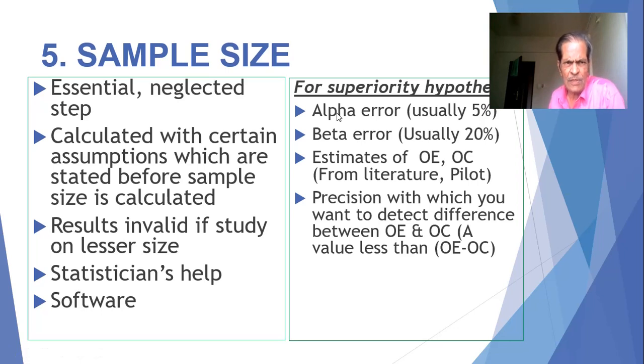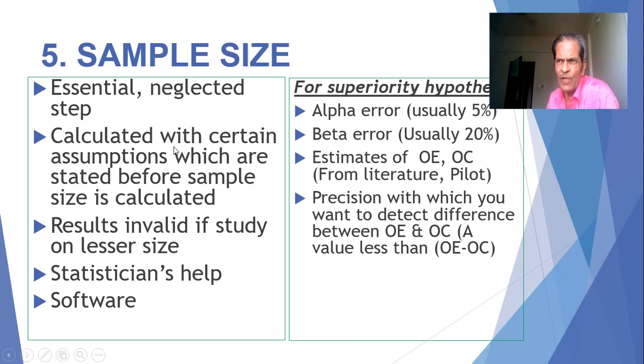Then the next and important step, often neglected in clinical trials, is the sample size determination. It is calculated with certain assumptions which are stated before the sample size is calculated and before the study is conducted. In fact, the feasibility of the study can be based on sample size.